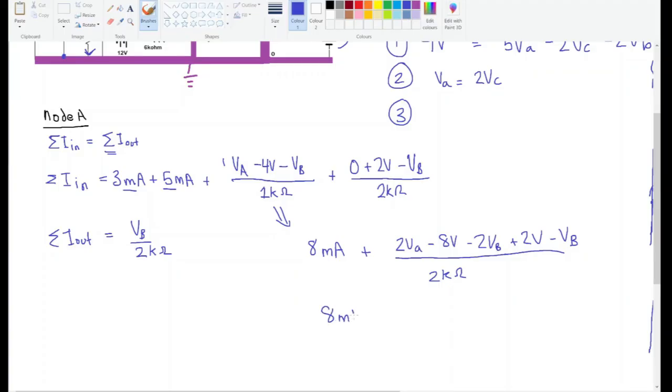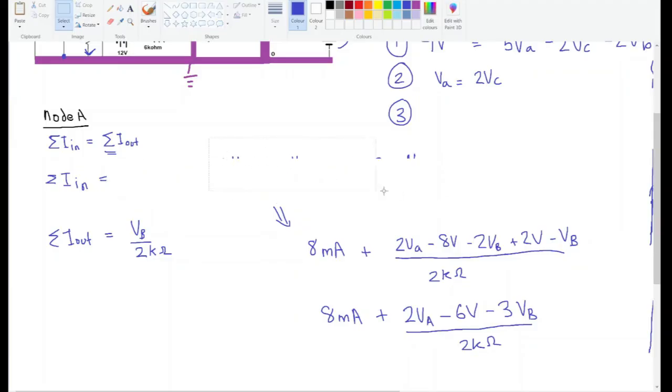So that's 8 milliamps plus 2 VA. Is there another VA? Doesn't look like it. Yeah, that's 2 VA. Probably not good to switch between lowercase and uppercase the way I'm doing it right now, but yeah. So 3 VB, and that's all over 2 kilo ohms. Okay, so that makes our life a little bit easier. We'll switch this out for our new simplified equation.